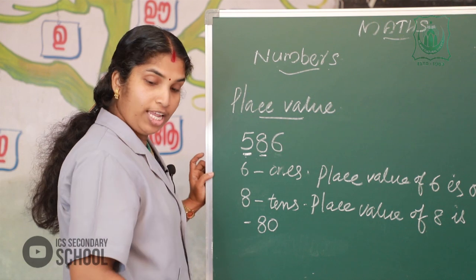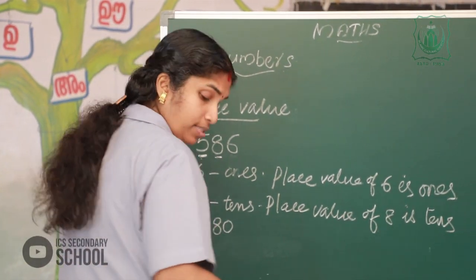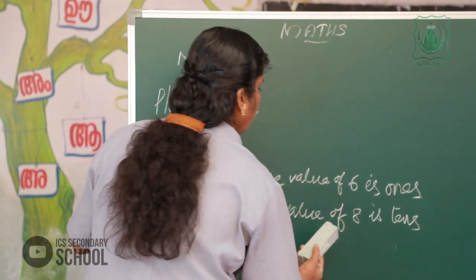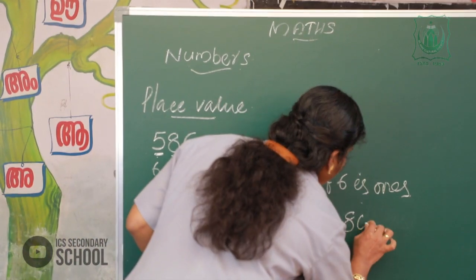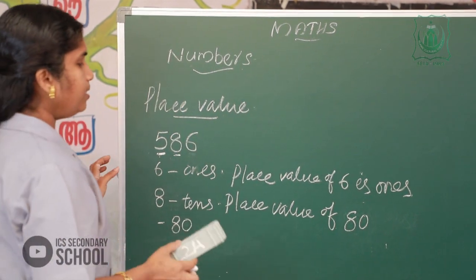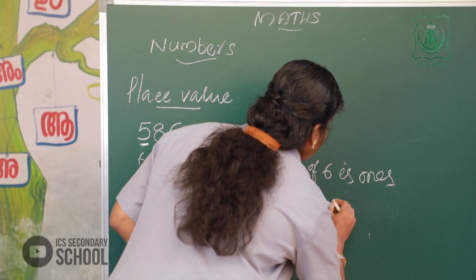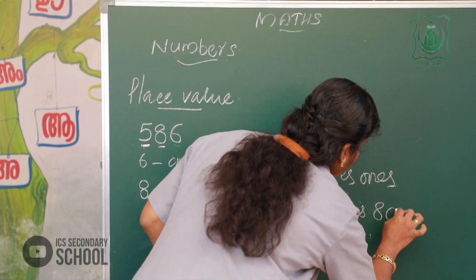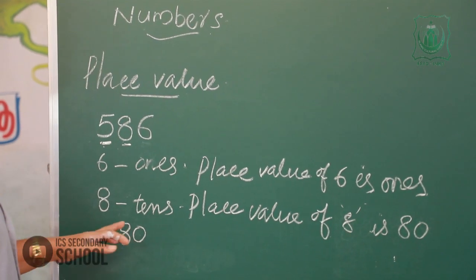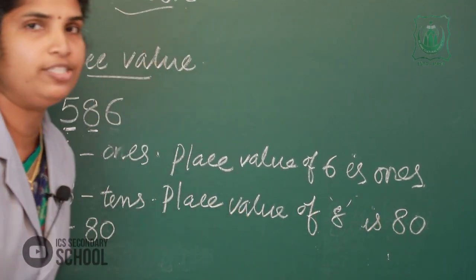So the place value of 8 is in tens, 80. Okay, the place value of 8 is tens position, that is 80.